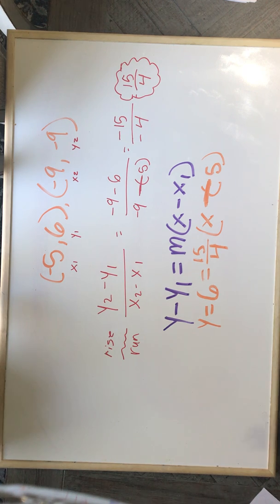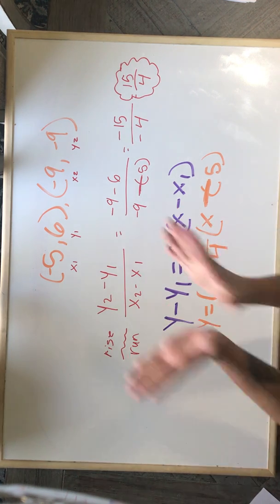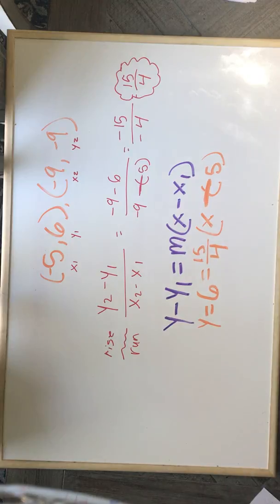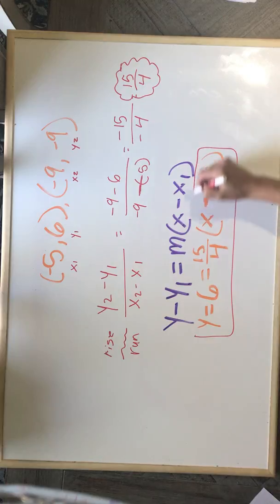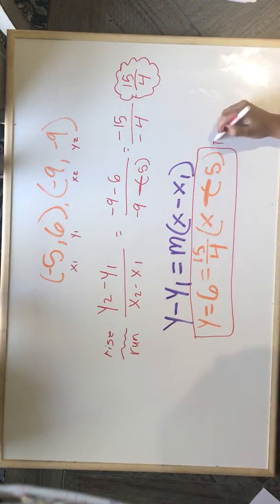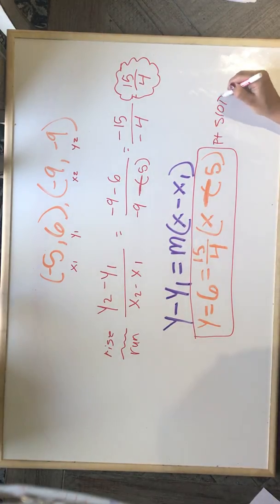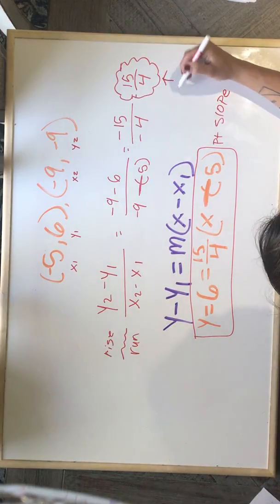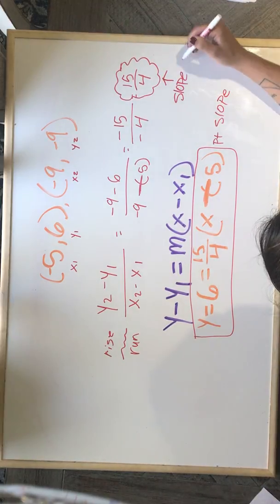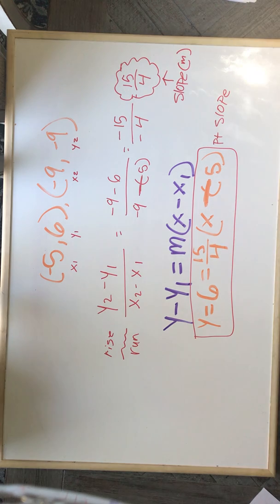Make sure you have this down. I'm going to start erasing and push this stuff up so we can work this out, because they want it in standard form. This is point slope form. Let me clarify: this is point slope, and this is your slope. Make sure you've got that down in your notes.